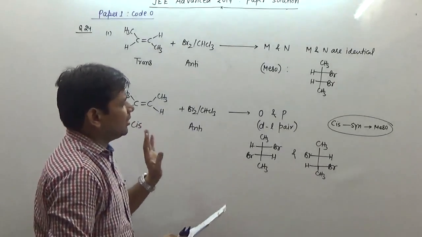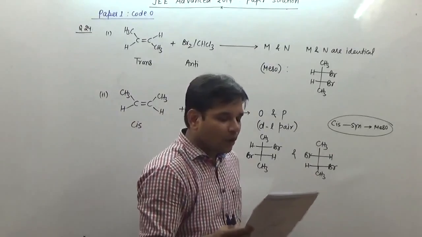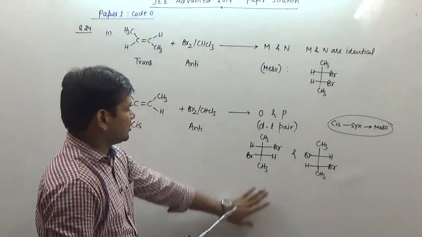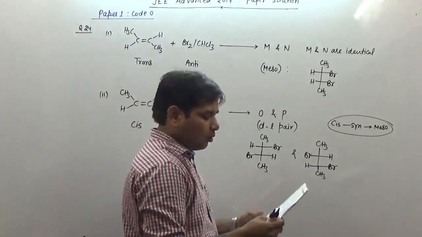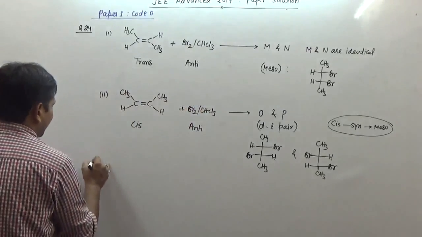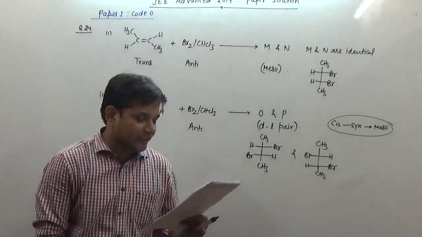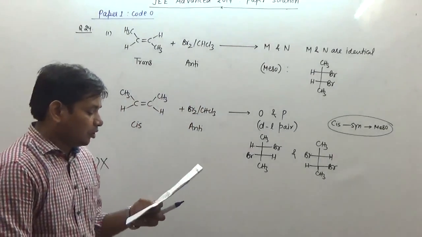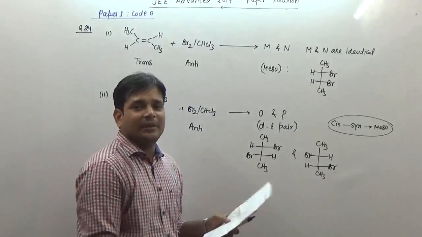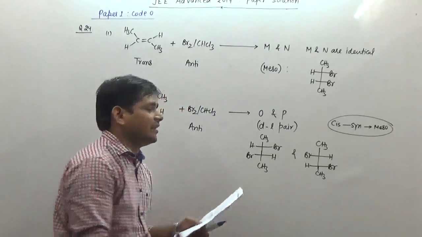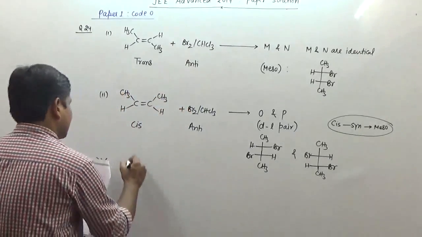The options given here: O and P are identical molecules. A option is telling that, which is wrong. This is DL pair. B option is bromination proceeds through trans addition in both the reactions. Trans addition means anti-addition, and anti-addition is happening in both cases, so this is correct.